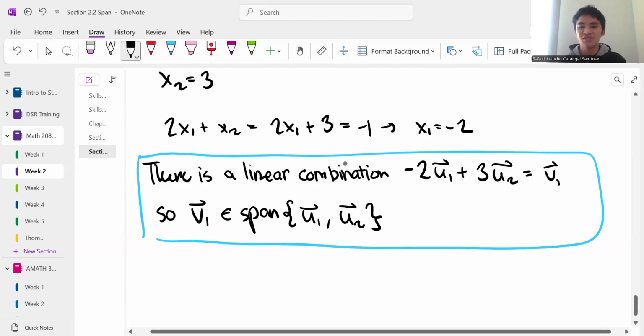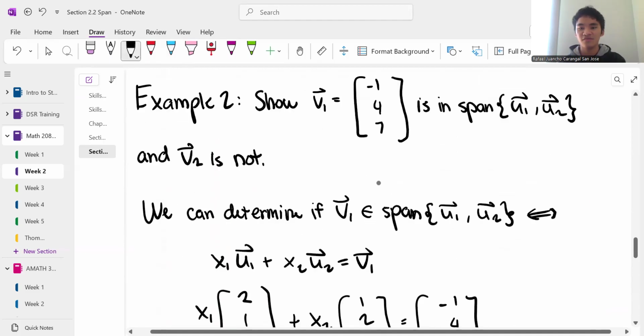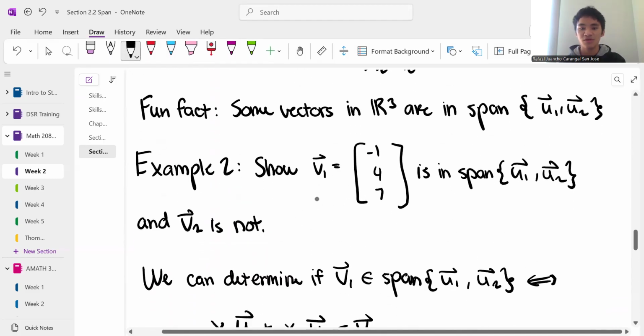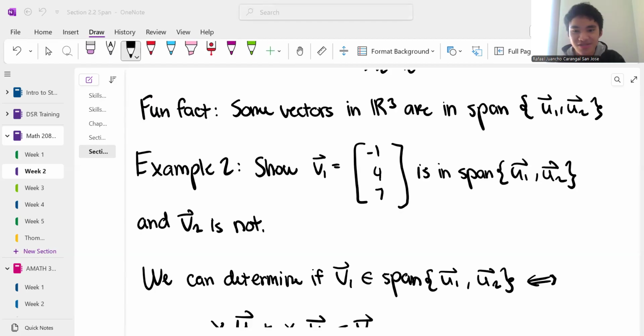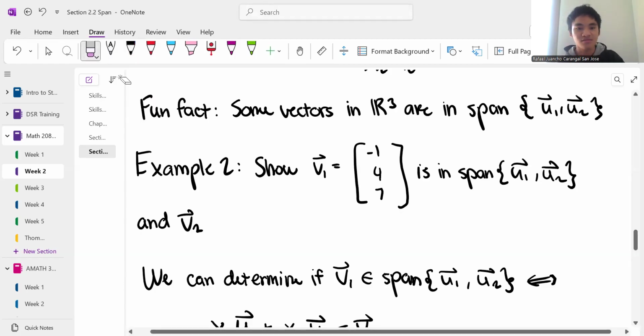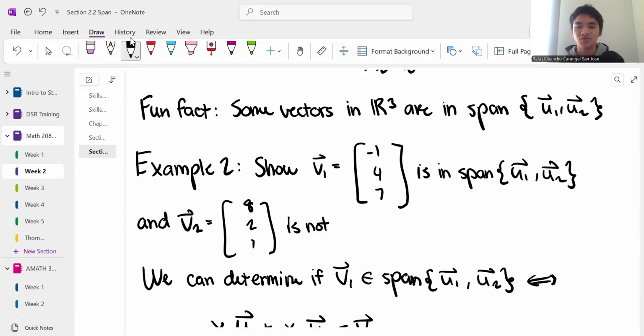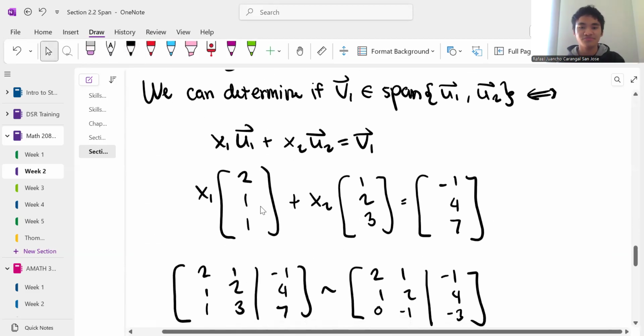And we pretty much do the same thing for v sub 2. Oh, we didn't say what v sub 2 is. 8, 2, 1. So this one isn't, because we're not going to be able to find anything.